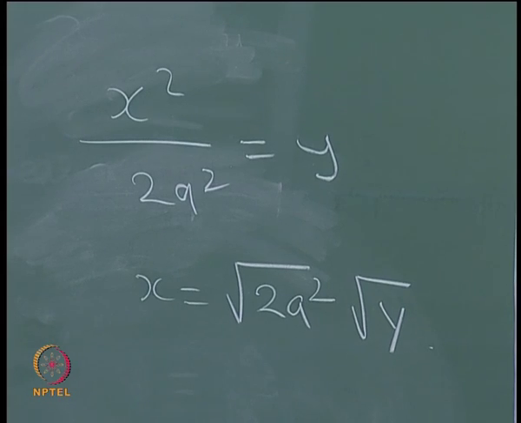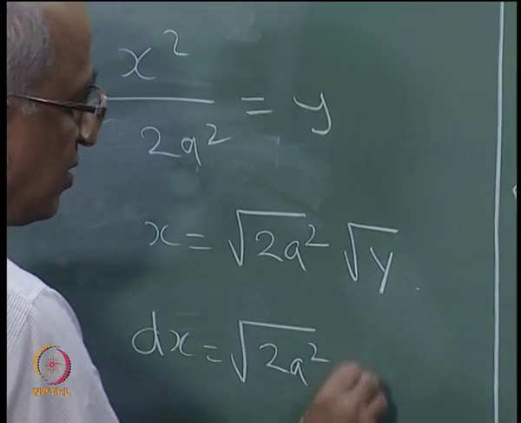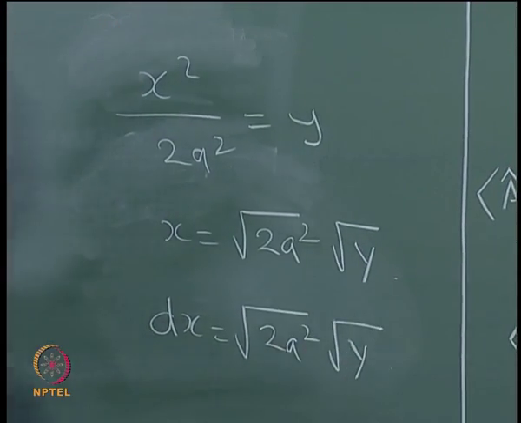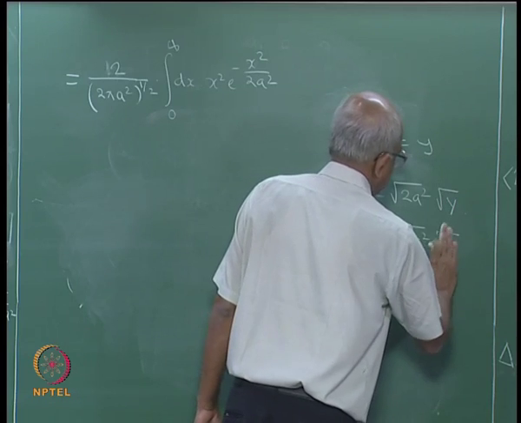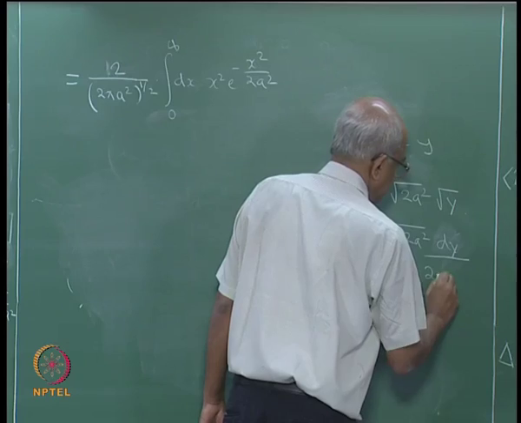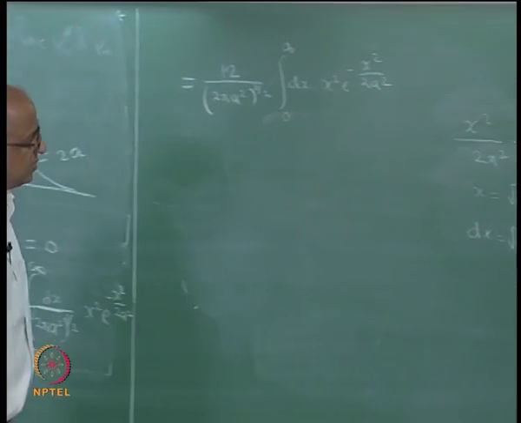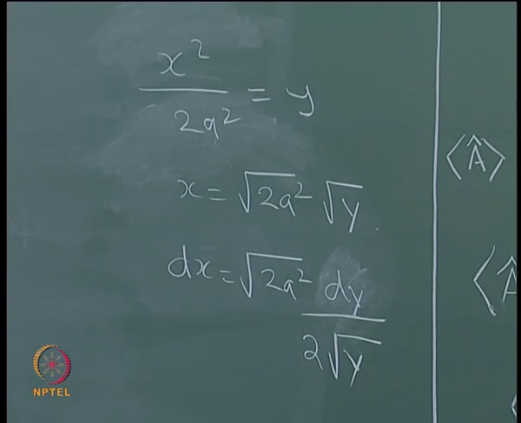Okay. Which obviously implies that dx is equal to square root of 2 a square into square root of y. Another mistake, always I seem to make two mistakes successively. So, dx will be equal to that much.